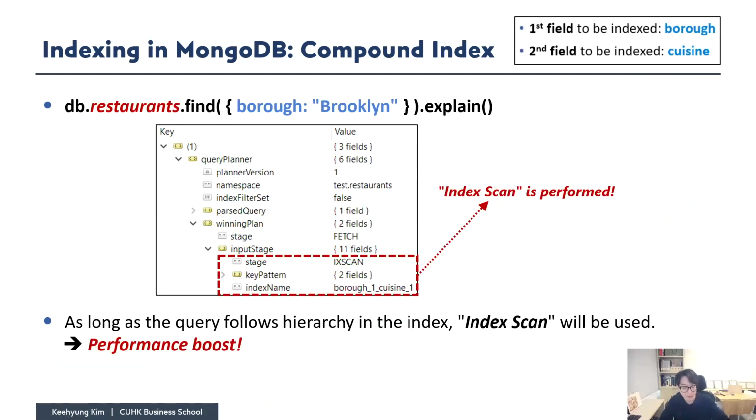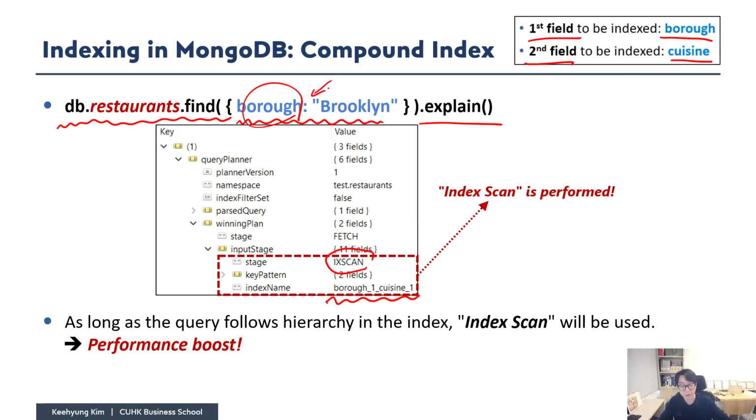Here it's the same. In the earlier compound index, remember that we made borough the first hierarchy and cuisine the second hierarchy. So what if we design a query like this, which only searches borough? If you put the explain function at the end and check, you will know that it also uses an index scan, and it will use this compound index even though there is only one field here.